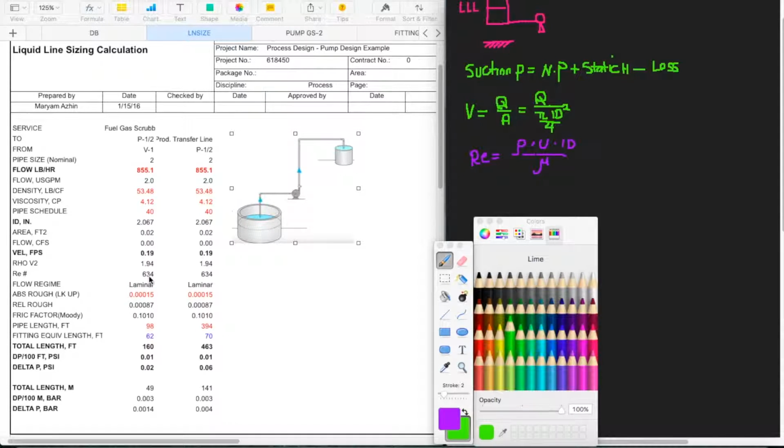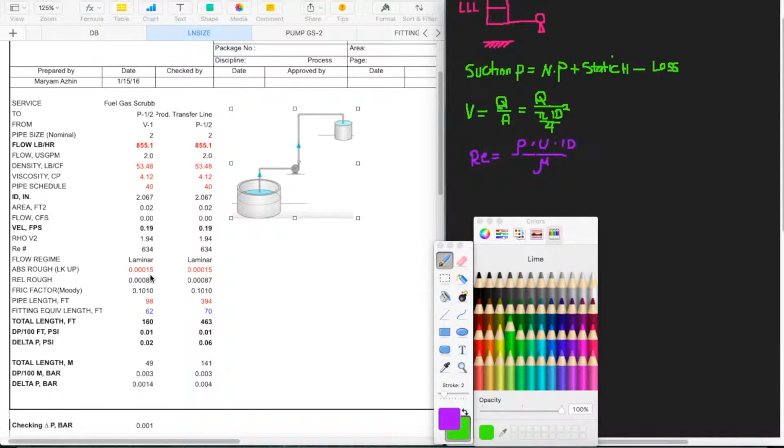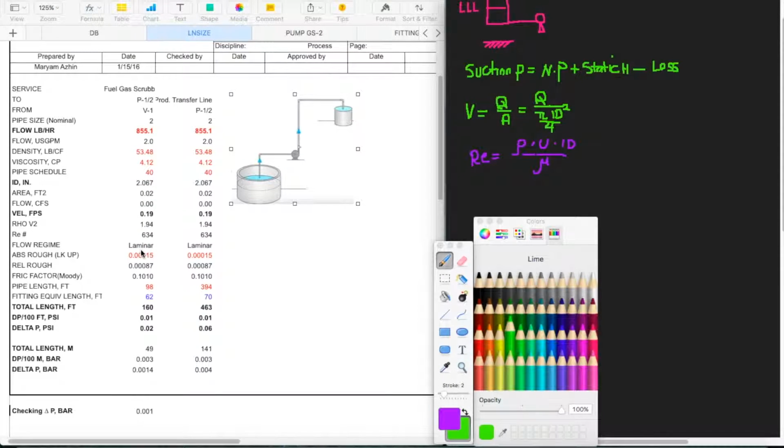So we figure out the Reynolds number. Based on the Reynolds number value, we can find if the flow is laminar or turbulent. Since the Reynolds number is lower than 2000, it's laminar.